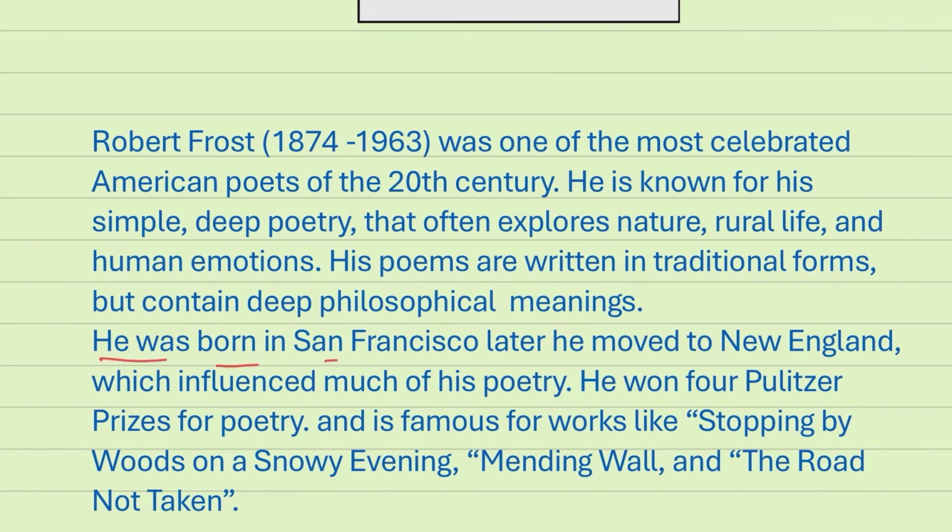He was born in San Francisco in America. Later he moved to New England, which influenced much of his poetry. He won 4 Pulitzer Prizes for poetry and is famous for works like Stopping by Woods on a Snowy Evening, Mending Wall, and The Road Not Taken.